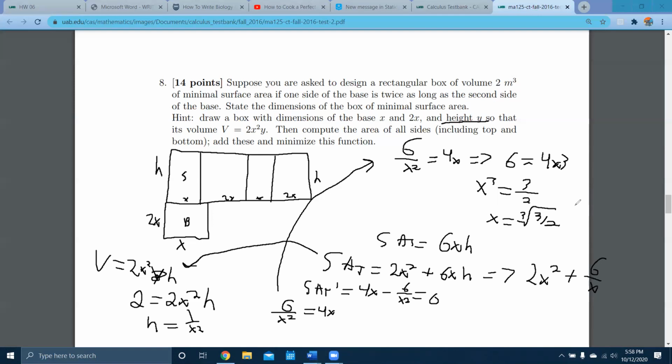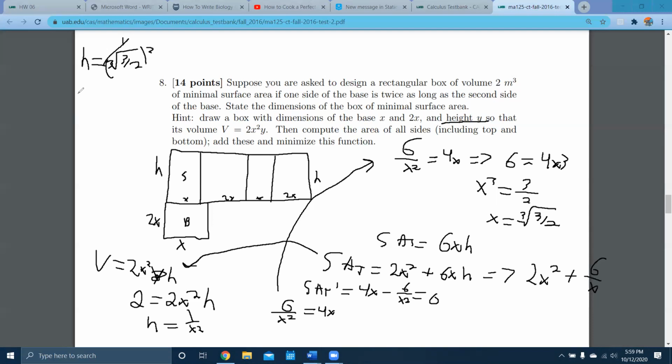Now, what we're told is the dimensions of it is base x, width 2x, and height y. And we figured out that the height is 1 over x squared. So you plug in this value, you plug in the x here, and height is equal to 1 over the cube root of 3 over 2, squared.